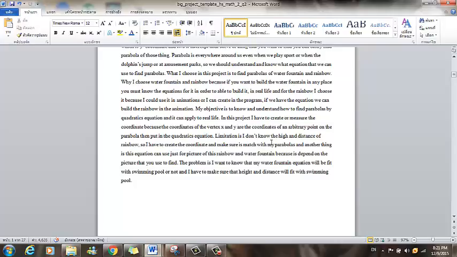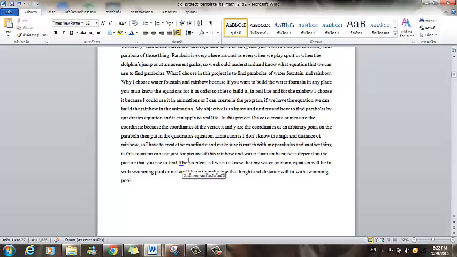Another thing is I can just use this equation in my rainbow and the water fountain pictures, because it depends on the picture that you want to find. The equation of this water fountain can be used only for this water fountain.